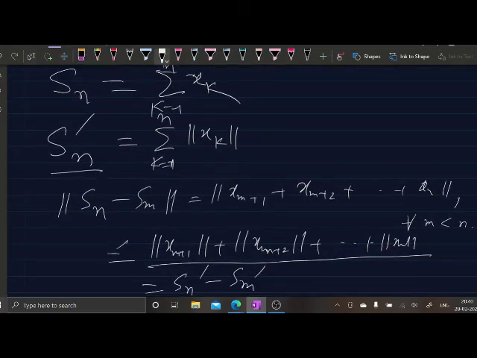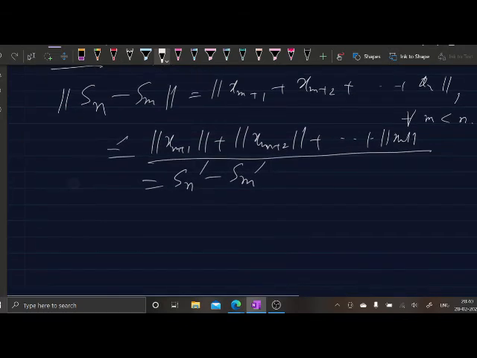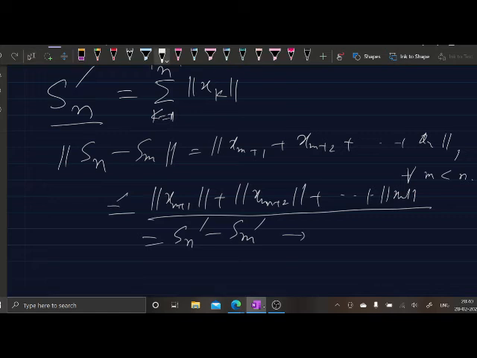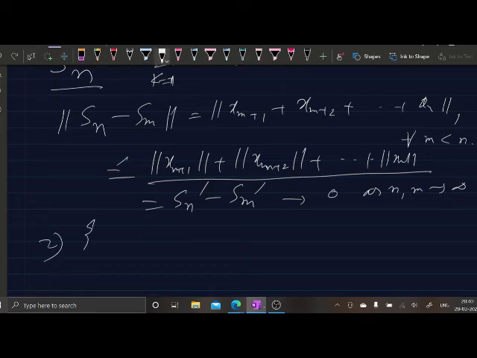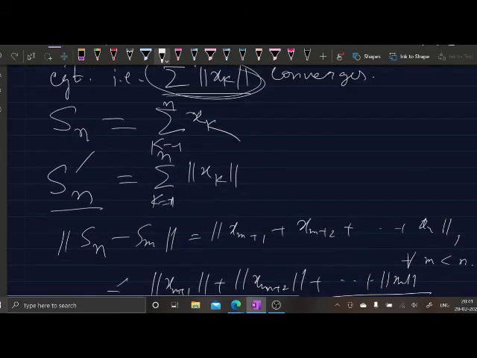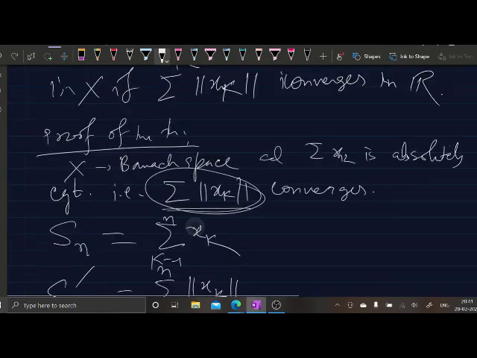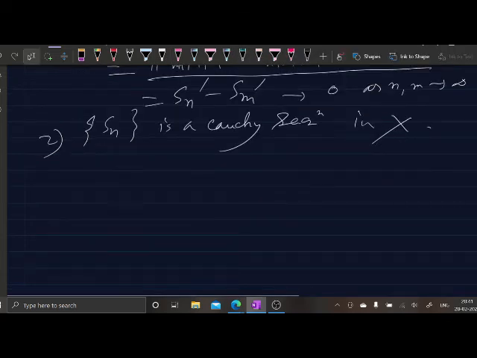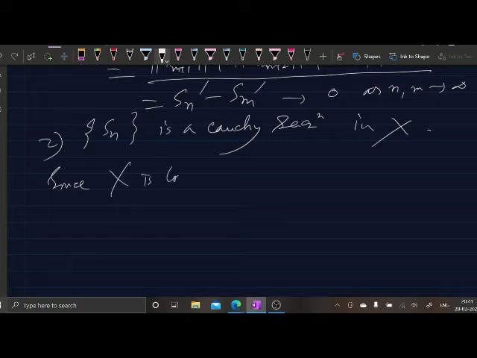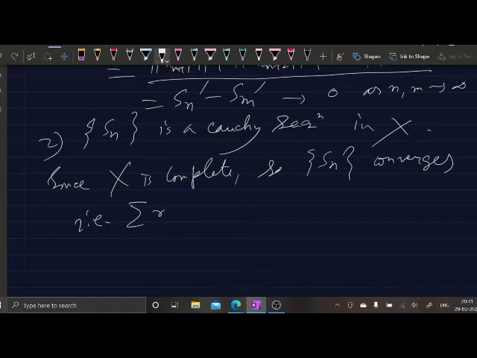And every convergent series is Cauchy, so therefore Sn dashed minus Sm dashed must be tending to 0 as n, m tends to infinity, and therefore it says that sequence Sn is a Cauchy sequence in X. But you have assumed X to be a Banach space, which implies that since X is complete, sequence Sn converges, that is summation xn converges. Okay.